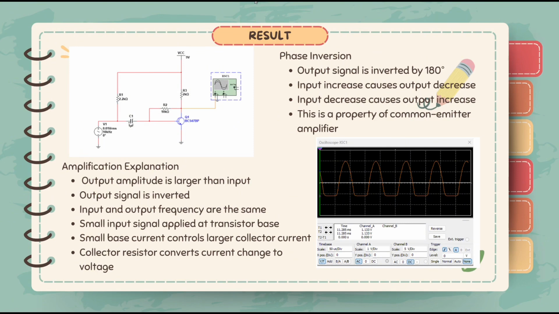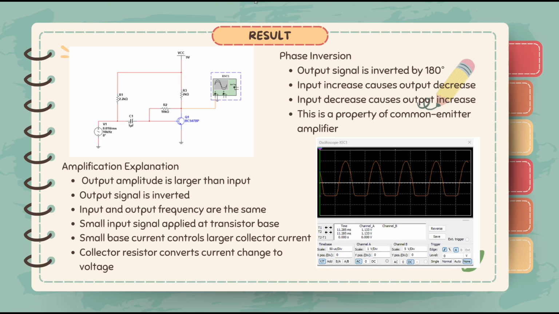It also confirms phase inversion, with the output signal inverted by 180 degrees, meaning an increase in the input results in a decrease in the output, which is a characteristic property of a common emitter amplifier. The input and output frequency remain the same.